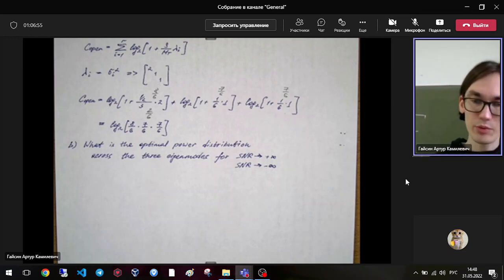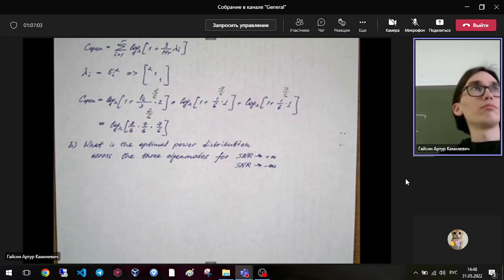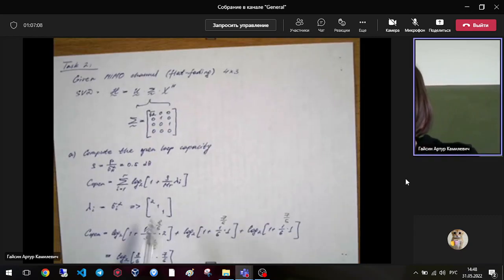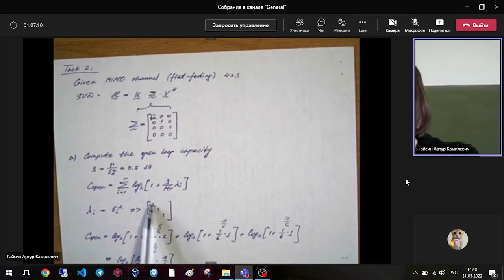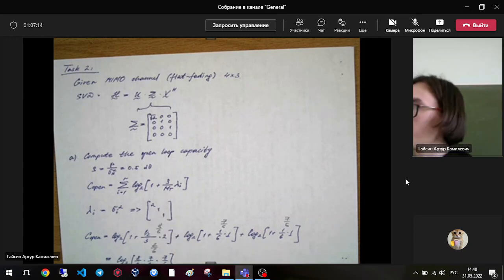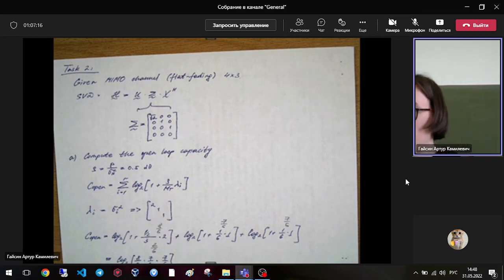And in this case, we use this water pouring algorithm. So this first eigenmode, second eigenmode, and third eigenmode. Yes, it is eigenvalues, but when we talk about the data streams, we say it as eigenmodes.